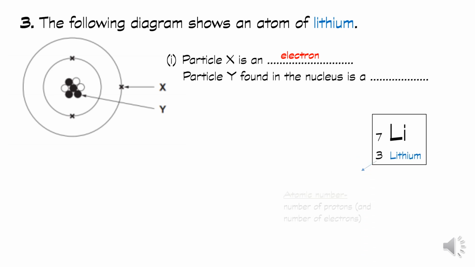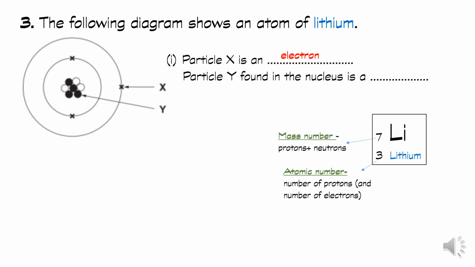Lithium has an atomic number of 3, which is the number of protons and the number of electrons, and it has a mass number of 7, which is the sum of protons and neutrons. If we do a little bit of maths here, we can find out that the number of neutrons is 4. On the diagram, we have 4 black dots and 3 white dots.